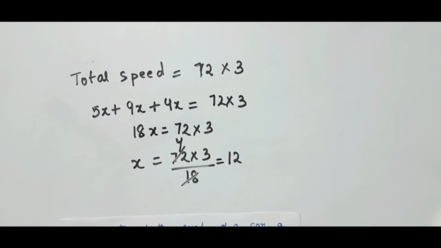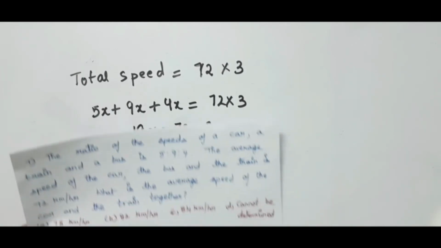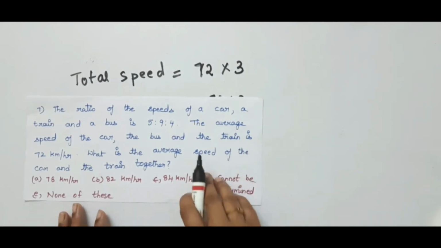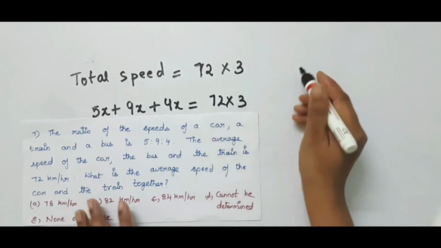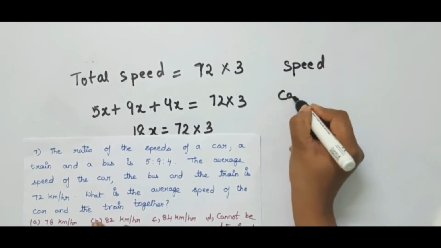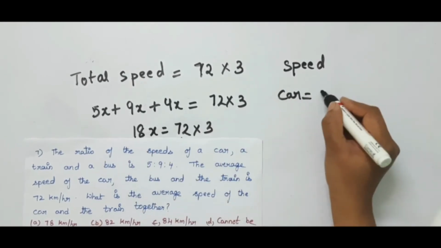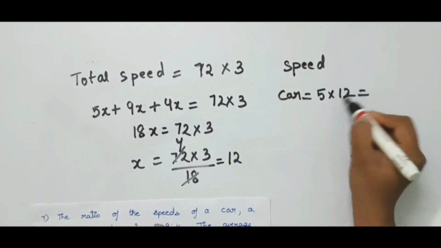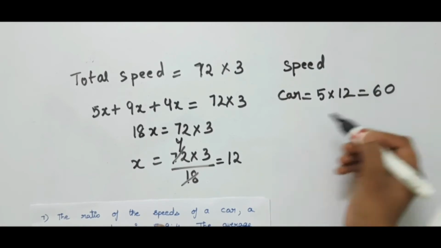Once we got the value of x, we can easily find the speed of car, train and bus, is it not? So the speed of the car will be 5x, is it not? 5 into the value of x we got as 12, so this is nothing but 60.